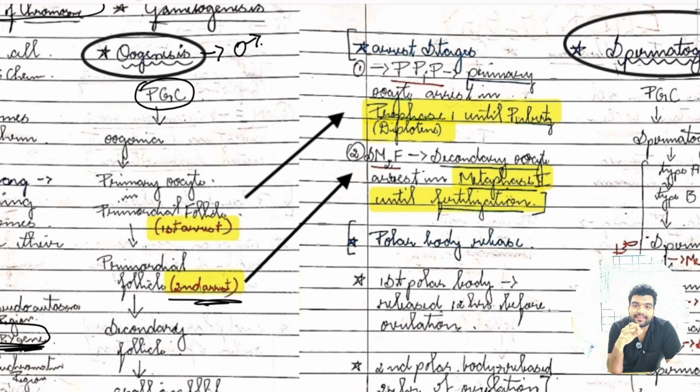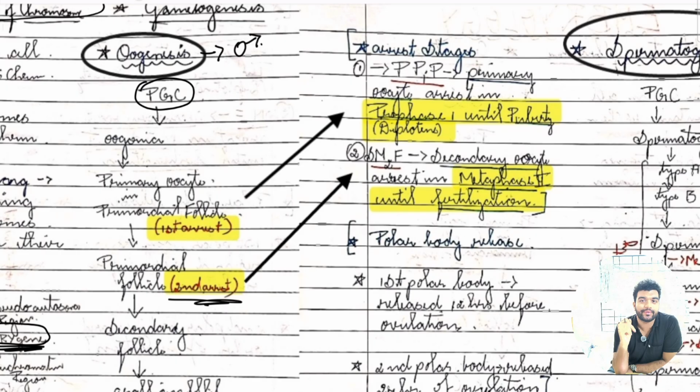Once puberty is crossed, once the female attains puberty, it will pass the arrest and go on to further division of meiosis. Here it is undergoing meiosis. Elsewhere in the body it is undergoing mitosis. Only in the gonads can we see meiosis.